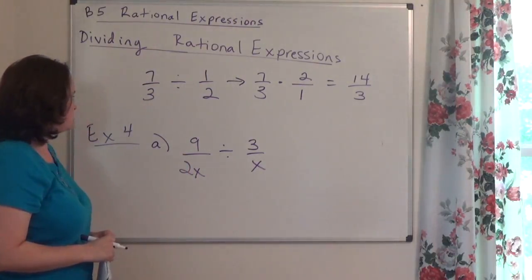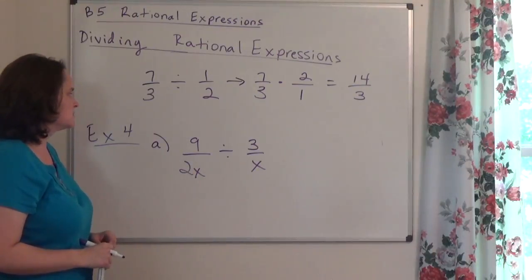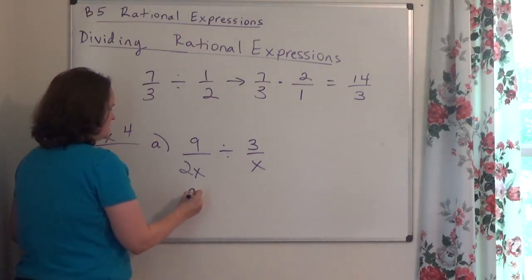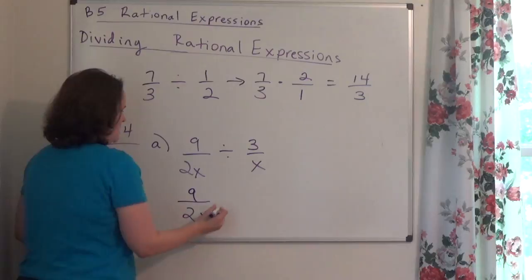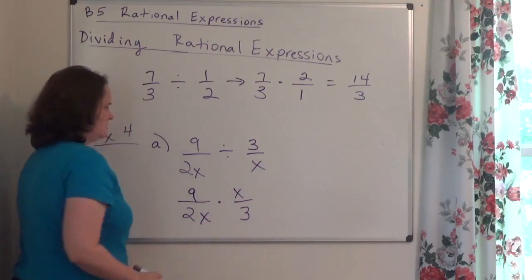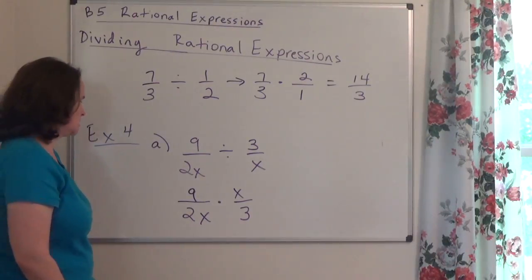Let's look at example 4. In part A, we want to divide 9 over 2x by 3 over x. So we're going to do the same step. We're going to keep the first fraction like it is, and then we're going to multiply by the reciprocal of the second fraction. And now I need to see if I can find anything that can be reduced.